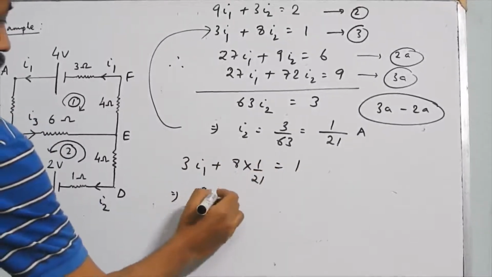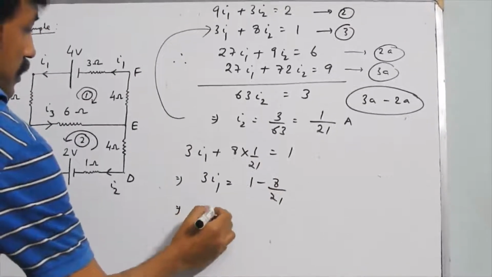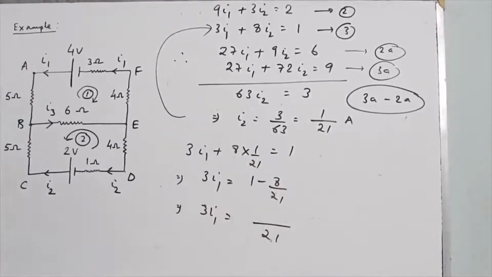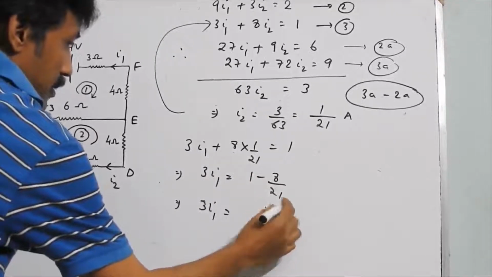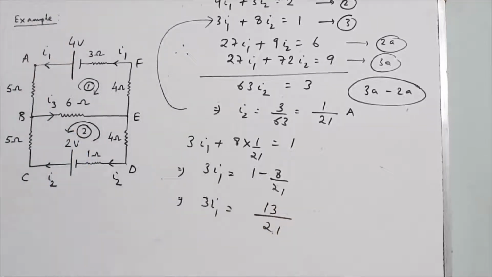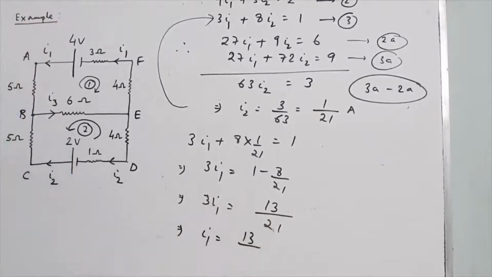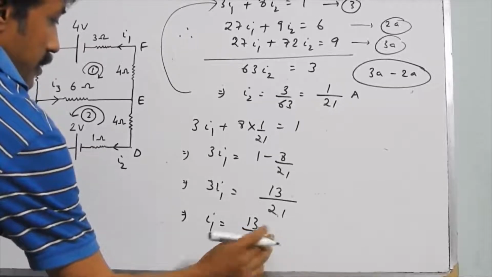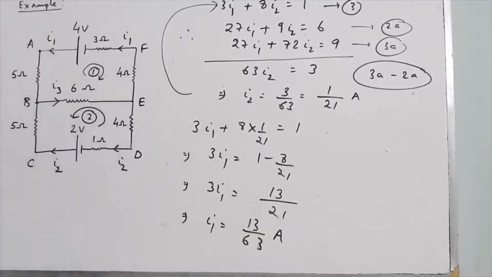So this is 3I1 equal to 1 minus 8 by 21, which means 3I1 is 21 minus 8 upon 21, which is 13 upon 21. So I1 will be 13 divided by 21 into 3. So this will be 13 upon 63 ampere.